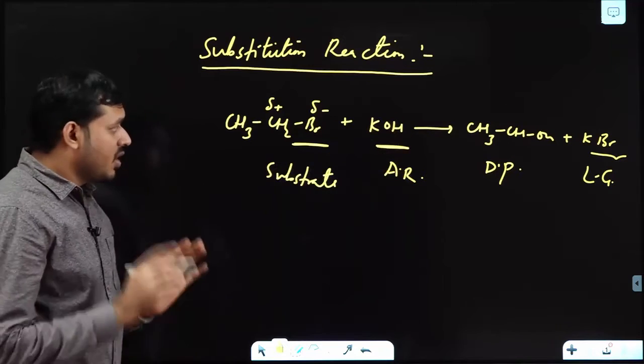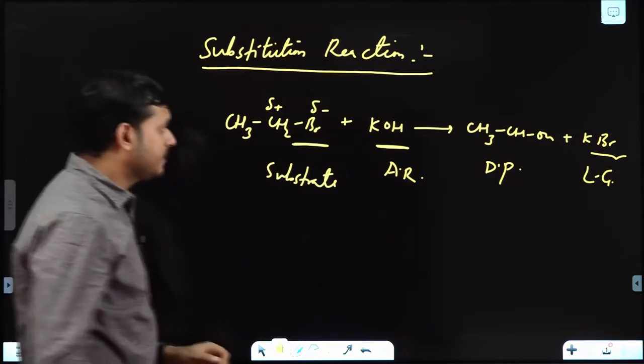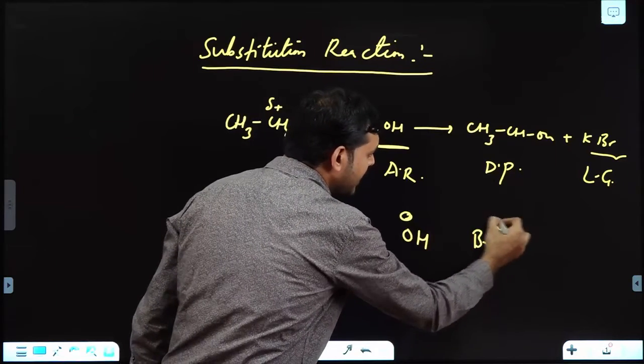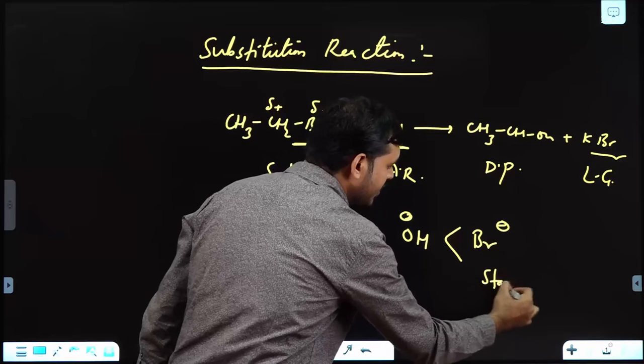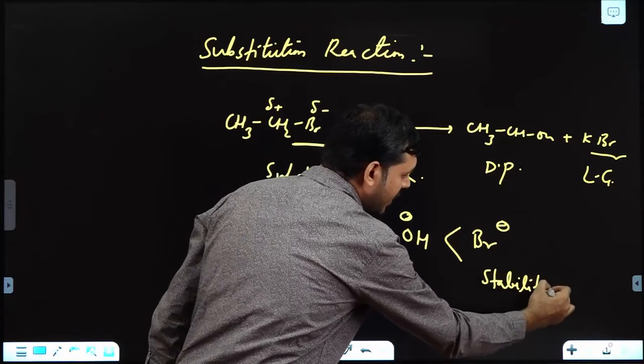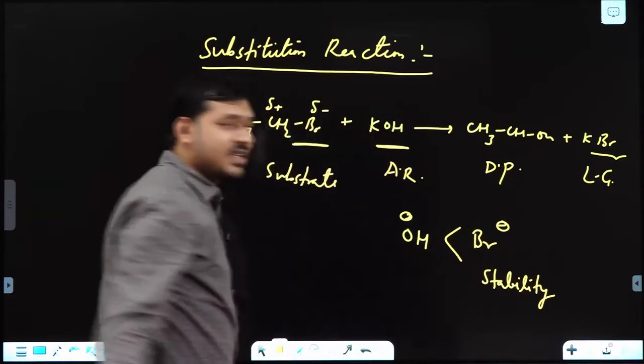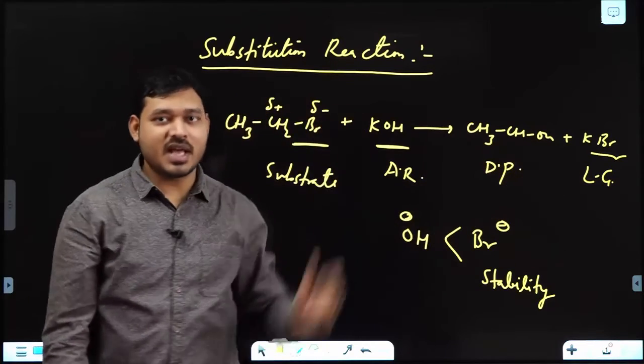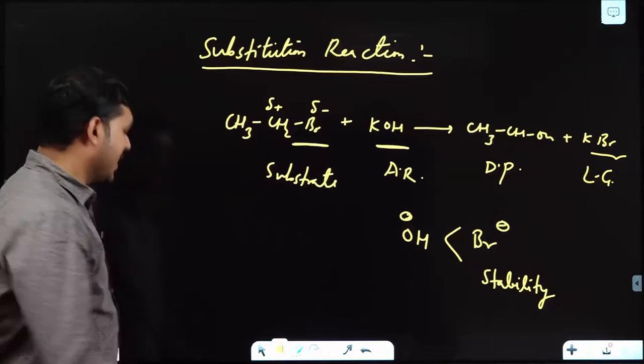One thing to be understood here is that among OH minus and Br minus, Br minus is more stable. Stability of Br minus is higher, that's why this reaction will not go in the backward direction. Clear to you?